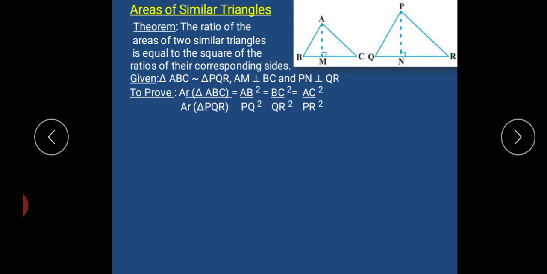Due to some technical problem, I have put square signs on both numerator and denominator. Actually, you can write AB upon PQ whole square, BC upon QR whole square, and AC upon PR whole square. I'll come to that a little later. Now, this is what we have to prove.